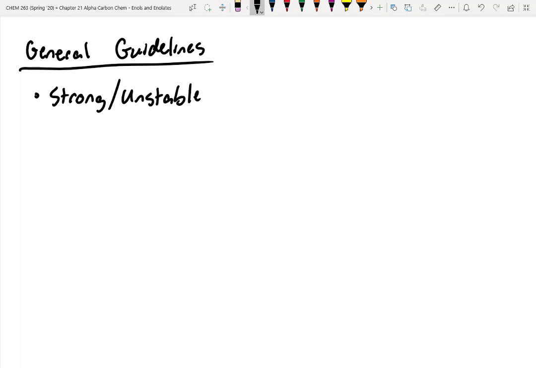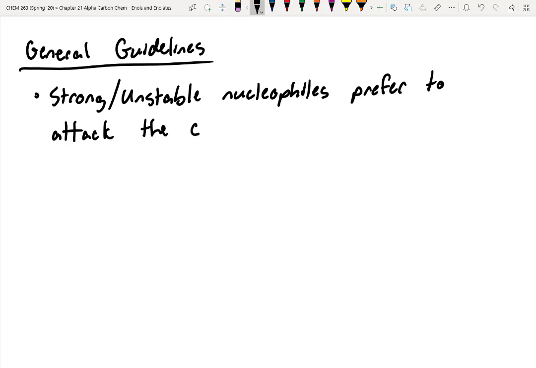So unstable nucleophiles prefer to attack the carbonyl carbon.